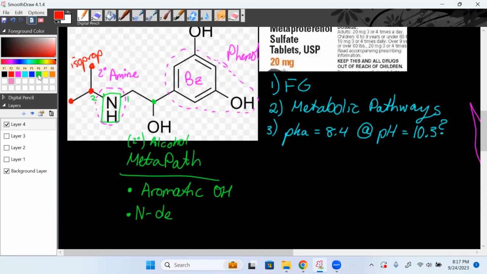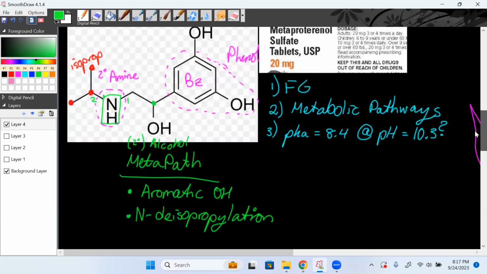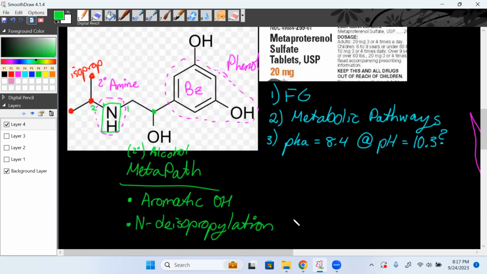So this would be N-deisopropylation. Often one of the things I see people fall into the trap of is just saying, oh, it's N-demethylation. No. Demethylation is only on a methyl group. I have seen on exams where he will put N-demethylation or N-deisopropylation, just to catch students who are just applying things broadly.